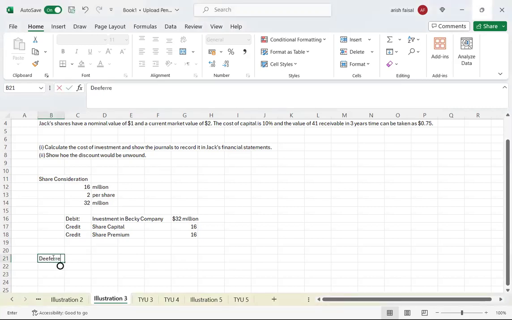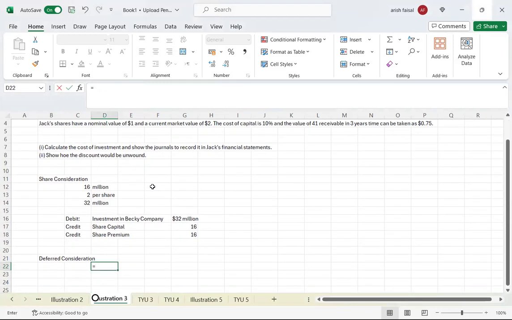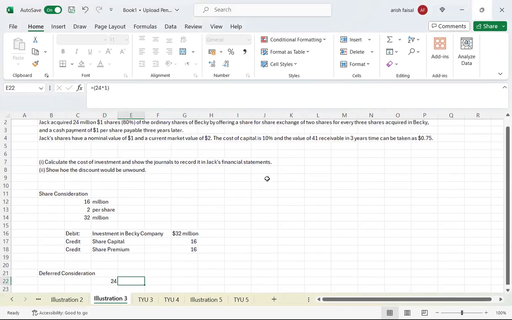So for deferred consideration, you say that it's promised that they will pay $1 per share payable 3 years later. Okay. So basically, we have acquired 24 million shares, and we're going to be paying $1. So in future value, what we have is 24 million, right?